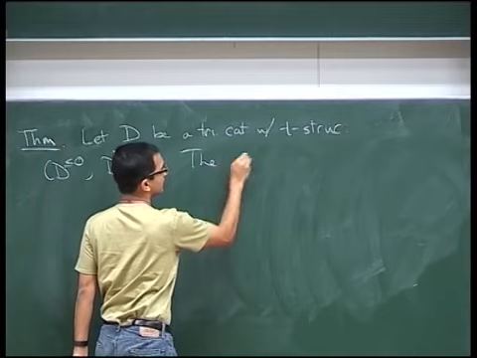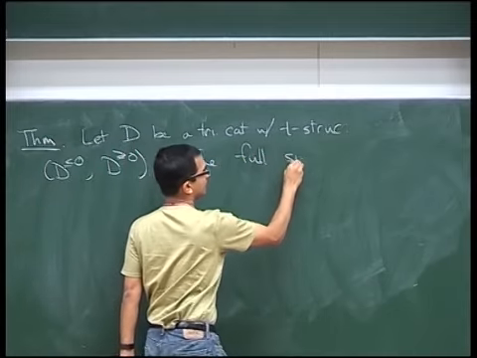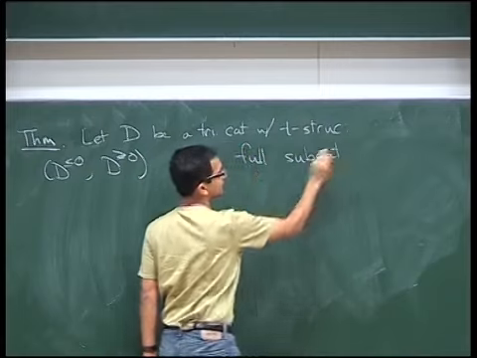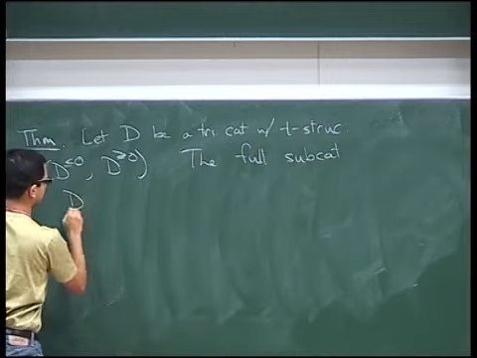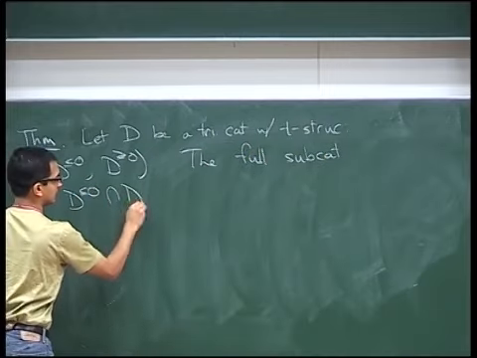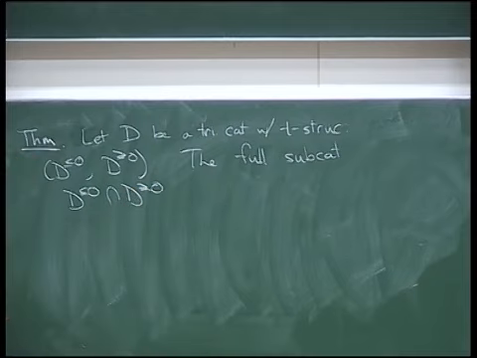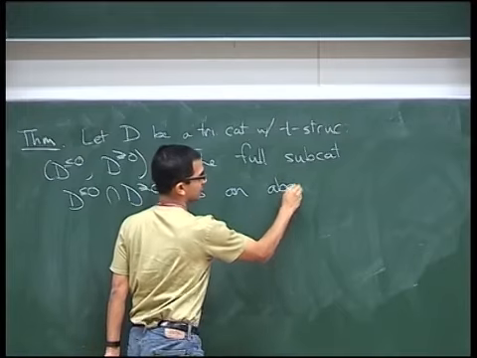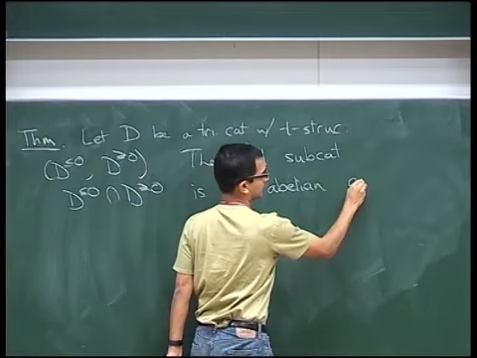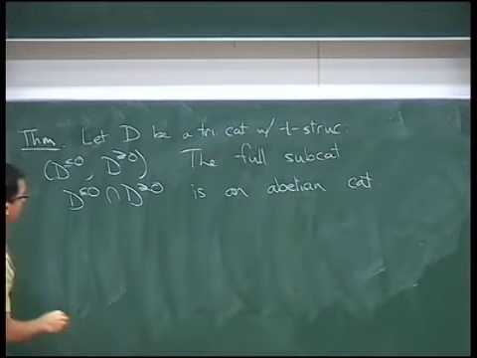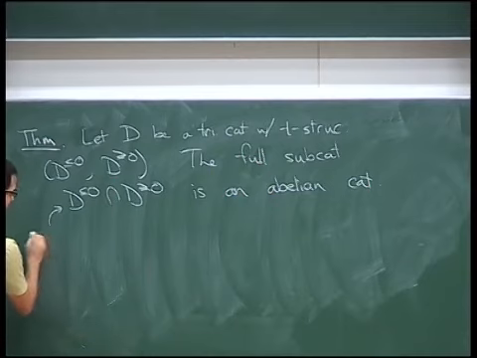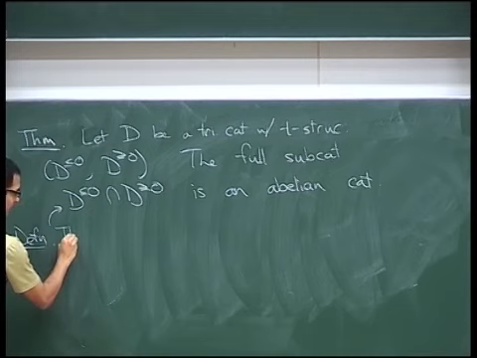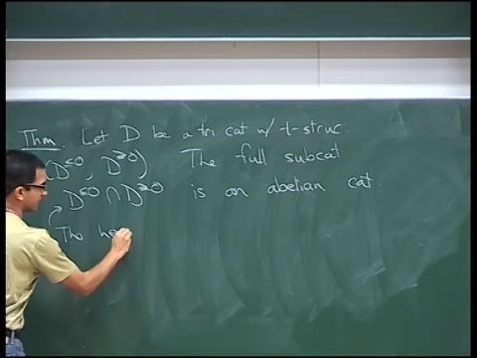Then the full subcategory, which is the intersection of those two, is an abelian subcategory. Okay, and this thing has a name. This is called the heart of the T structure.